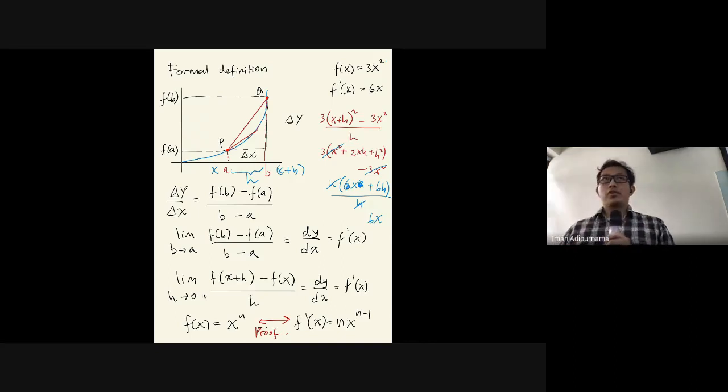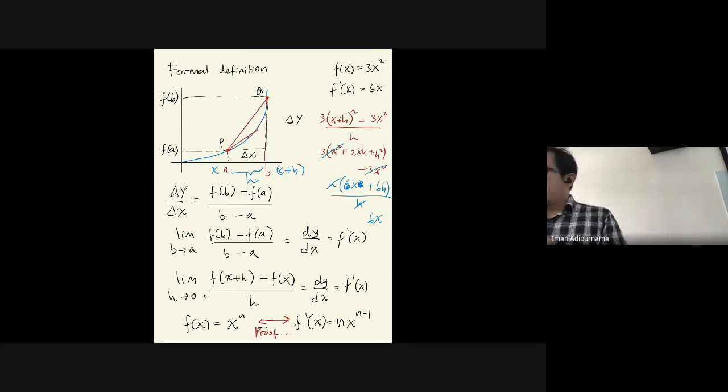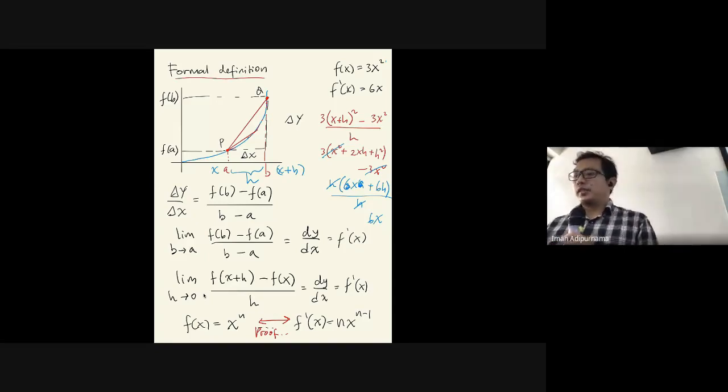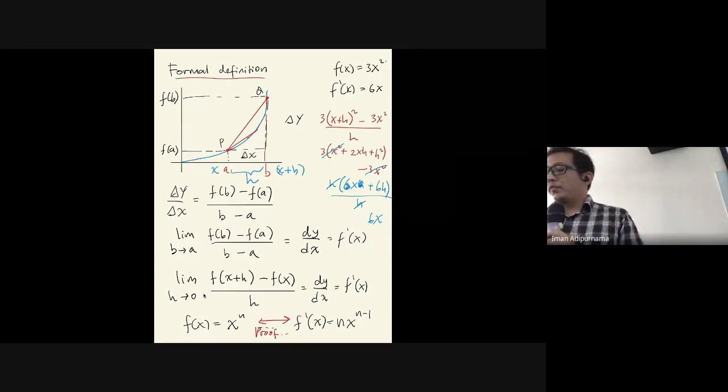But before we are going to prove, I will share with you a little bit about differentiability, okay? And then we can go to the power rule and then several rules in derivatives, okay? It's really basic. I think you're already familiar, but let's get review and maybe you have more understanding in derivatives, okay?